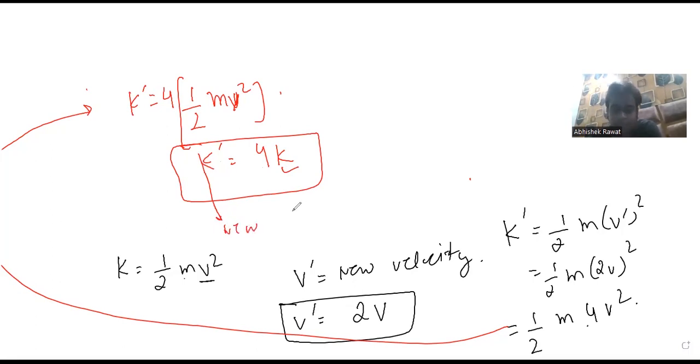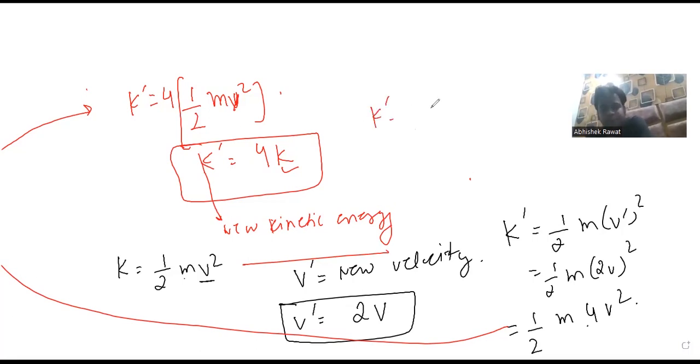But the question is asking how much increase in its energy. So this is the new kinetic energy. Basically, we have to find the change percentage now. So what will you do? K dash minus k. Now kinetic energy is 4k, earlier it was k, so it comes out to be 3k.